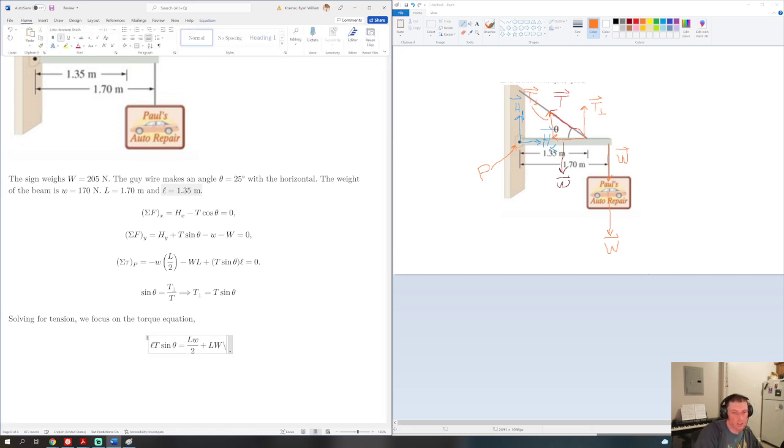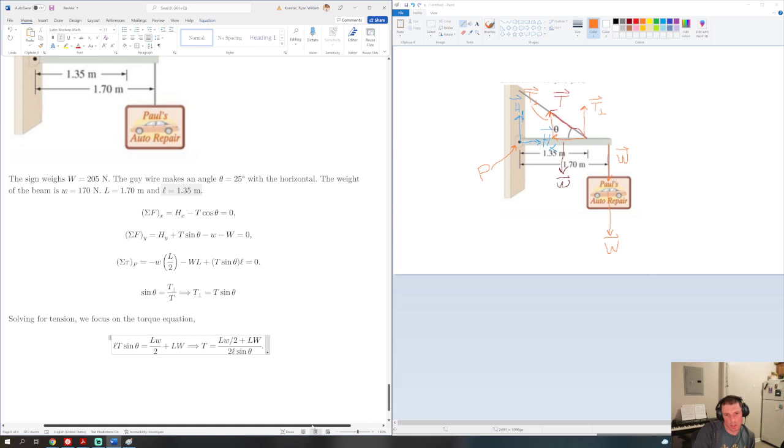So what we find is that T equals LW over 2 plus L big W, and then we divide by 2L sine theta, right? This is our tension force.